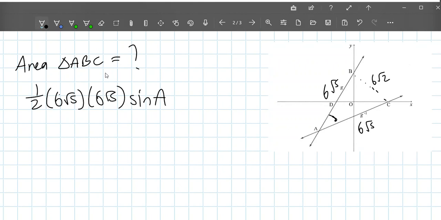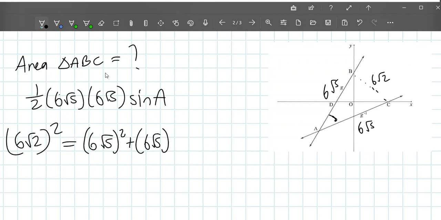So we take the line opposite the angle: 6 square root 2 squared equals 6 square root 5 squared plus 6 square root 5 squared minus 2 times 6 square root 5, times square root 5 again. There's two of them. And we have cos of A.